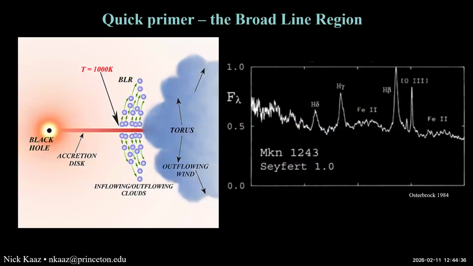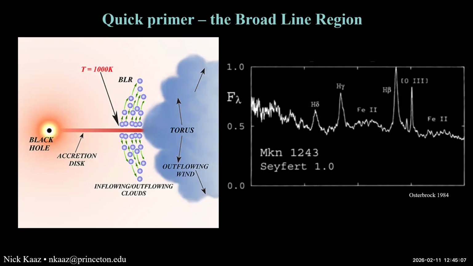So when we look at SEDs of luminous AGN, we see a variety of different features. And one of them is that we often see a broadline region. This can be in the optical, for instance, where we see emission lines that are broadened somehow that seem to be consistent with photoionization from the central engine. We don't really know exactly what is driving this region, but observationally we can constrain what it is.